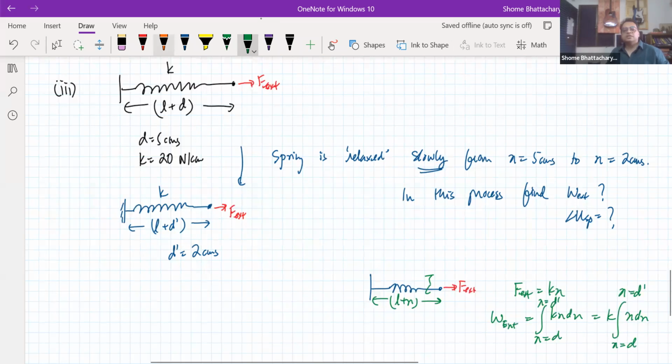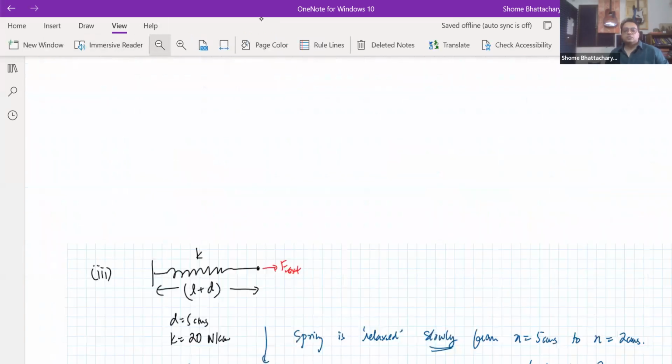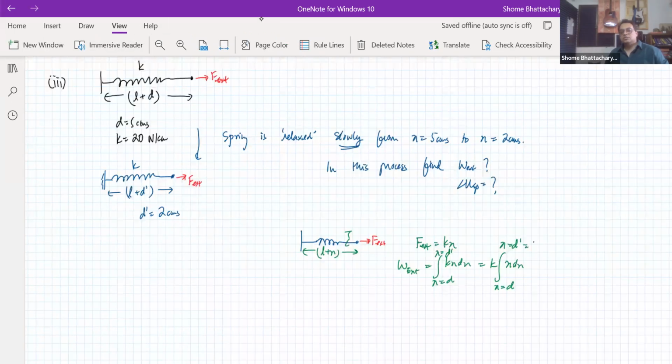That's the final state d prime, which is 2 centimeters, and this is the initial state, 5 centimeters.